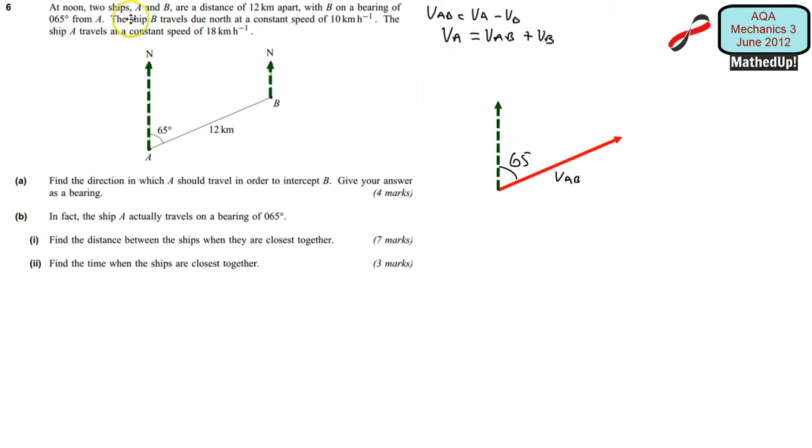My velocity of B, we're told, is travelling due north at a constant speed of 10 kilometers per hour, so I can draw that in.